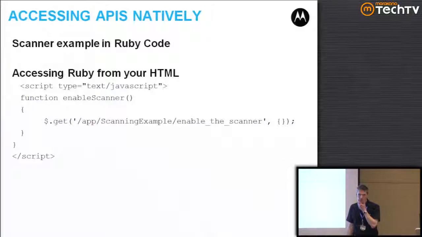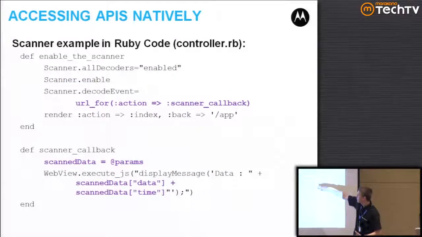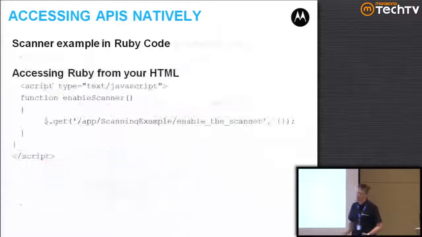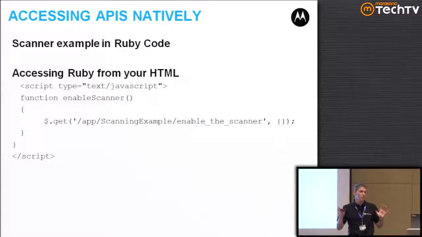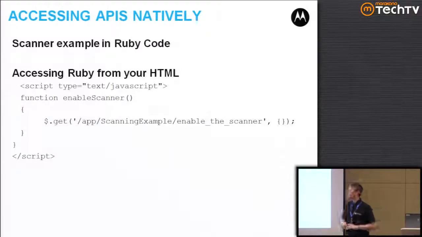I had someone asking me yesterday, well, isn't this going to get confusing if I enable the scanner in my JavaScript and then I do some Ruby here and I call out to JavaScript and then that calls back into Ruby? And he was saying this would get really confusing, and I would say yes, that is a very confusing way to do it, and you wouldn't want to do it that way.